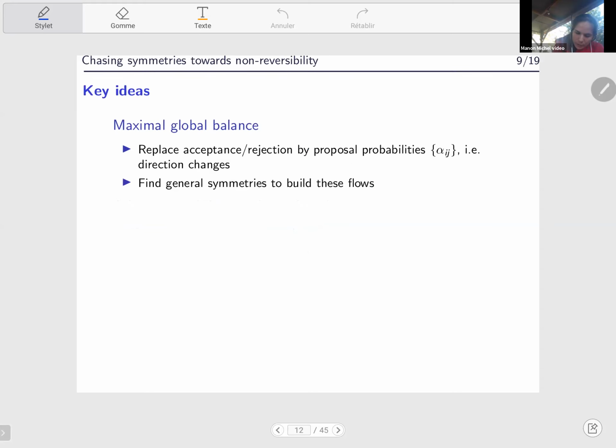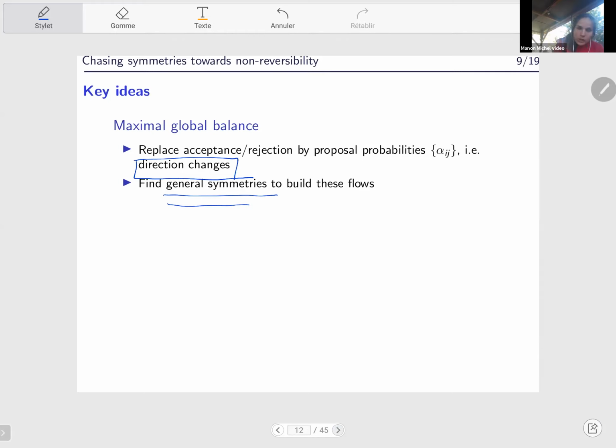The key idea here is that if we want maximal global balance, we want to cancel any rejection, which would be to replace any rejection by a direction change. And we'll be doing that by finding general symmetries to build these flows.